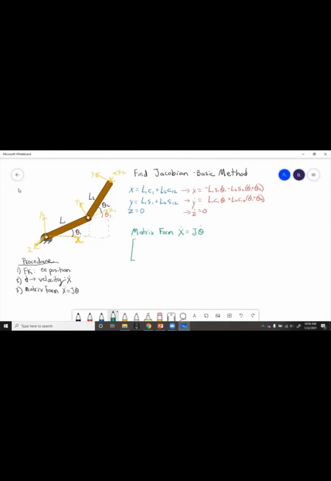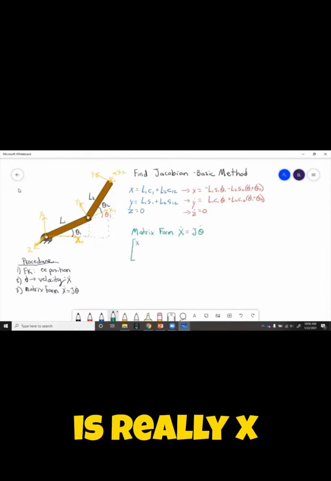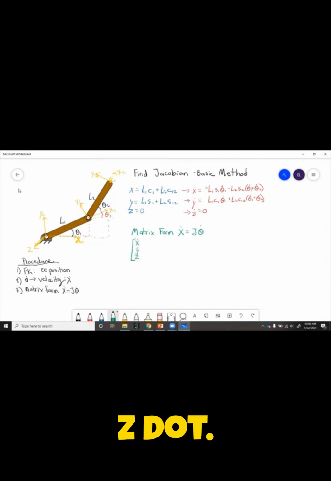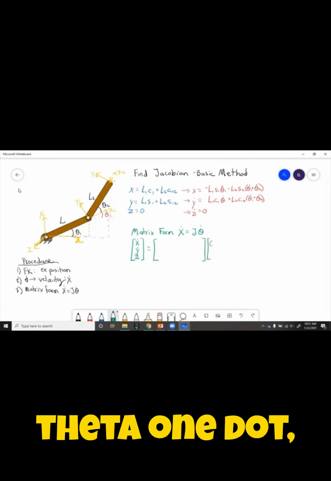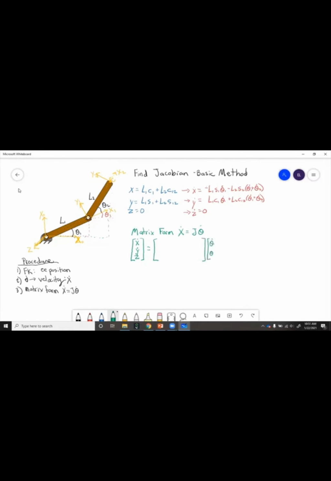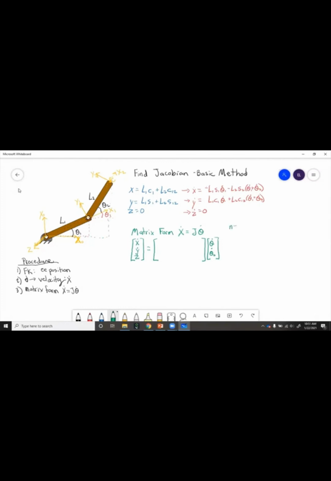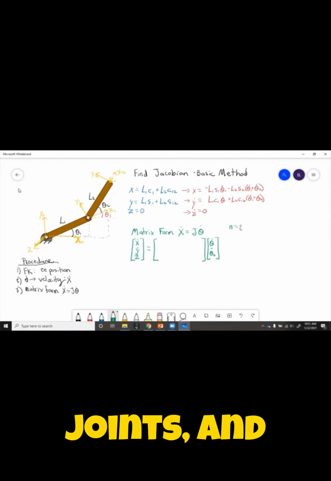So we'll have the x dot matrix, which is really x dot, y dot, z dot. So that'll be a big thing. Then we multiply it by theta 1 dot, theta 2 dot. Now looking at this, we know that n is 2 because there are 2 joints.